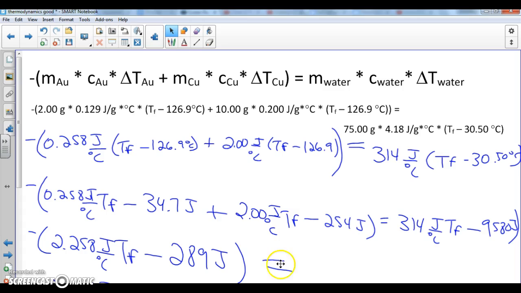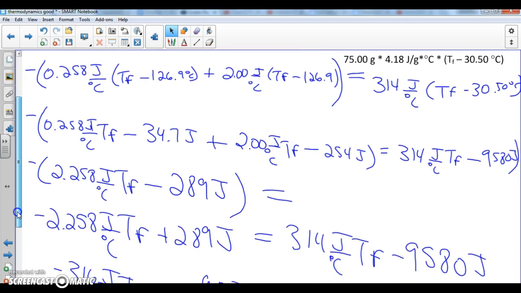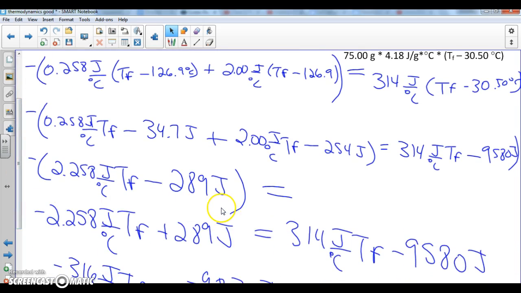Okay, now I'm going to look at the left side and the right side. And let me go down some here on my screen. Looks like I dealt with first this side. So what did I do? Over here, just this part on the left, I combined like terms. What do I mean? I combined my TF and my TF, so that means I had to add 2.00 and 0.258. That's how I got this.